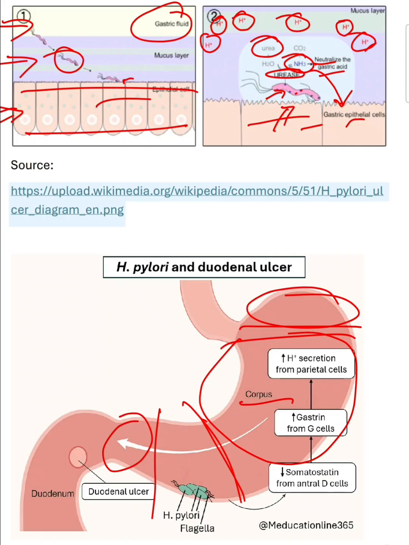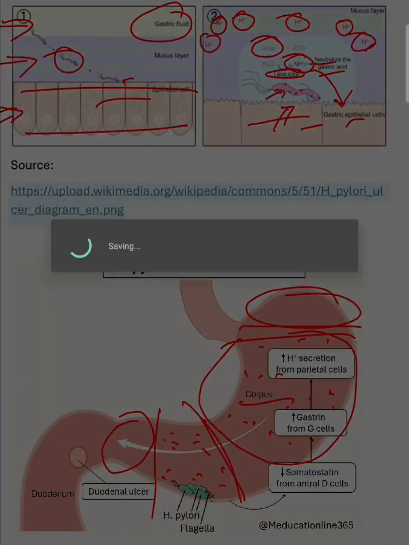So antral-predominant gastritis is when the Helicobacter pylori infection is predominantly here, and corpus-predominant gastritis is when the Helicobacter pylori infection is predominantly in the corpus or body.